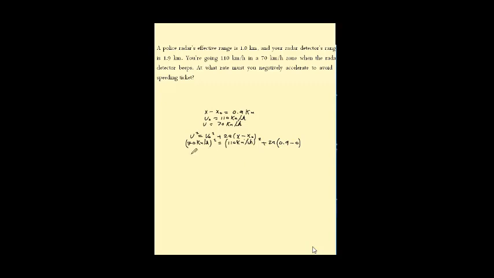And solving for a, we get minus 1.11 kilometers per square hours. This is the acceleration that the driver should exhibit in order not to get a police ticket.